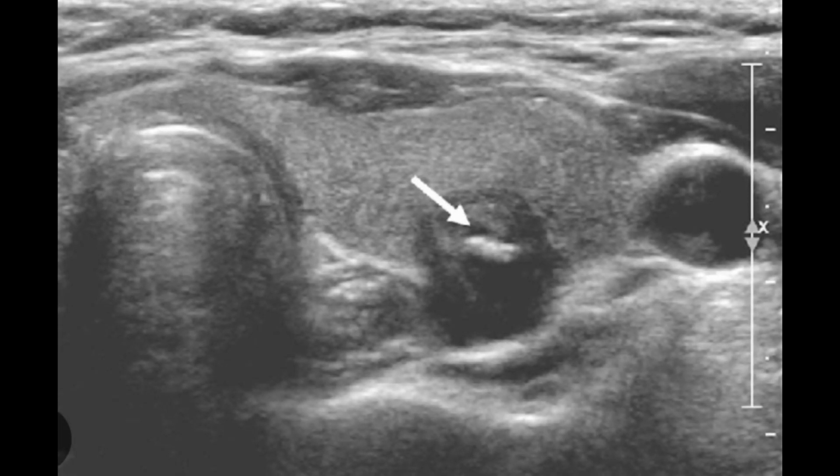A U3 nodule of the British Thyroid Association classification will appear as hypoechoic. Look at this nodule. This is hypoechoic with equivocal echogenic foci. This white arrow is indicating the echogenic foci associated with cystic changes.